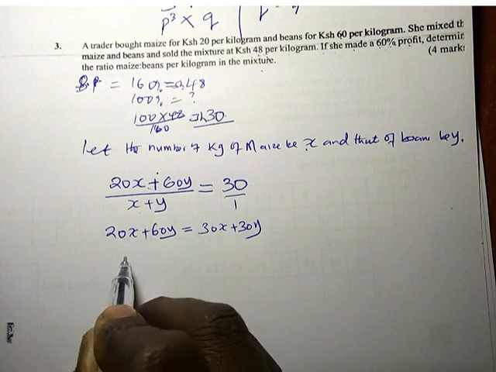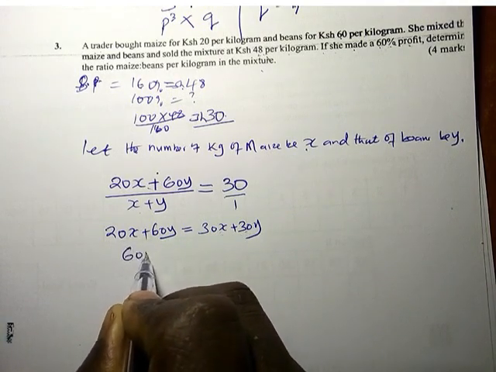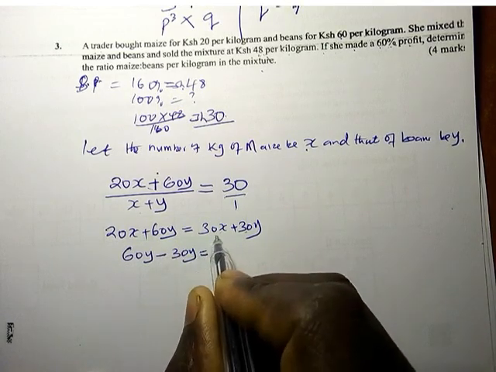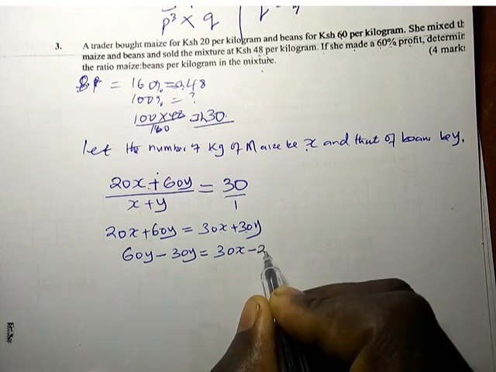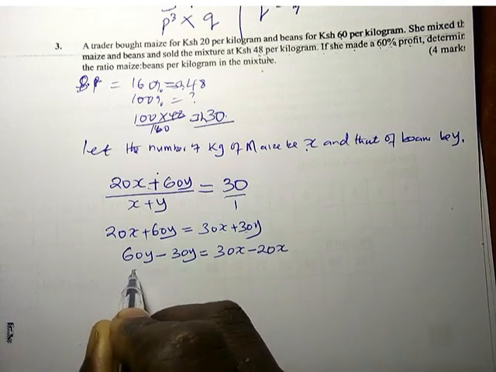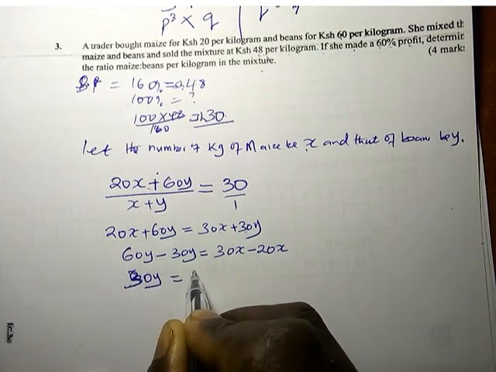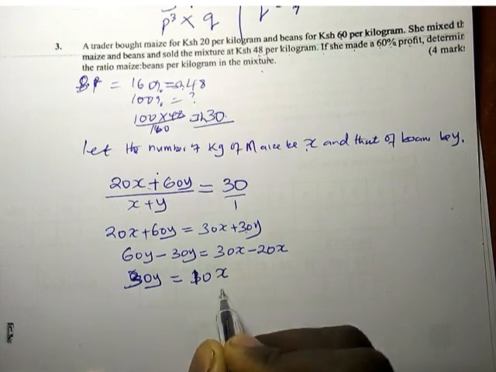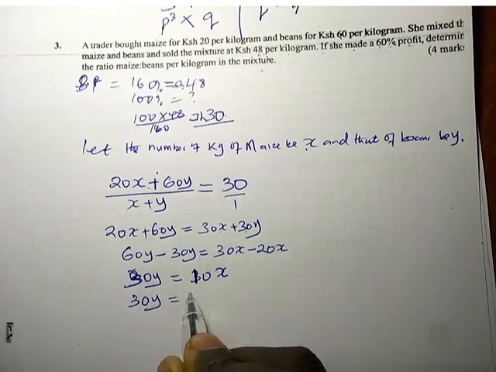Like terms together, we will have 60y minus 30y equal to 30x minus 20x. So we will have 30y equal to 10x.